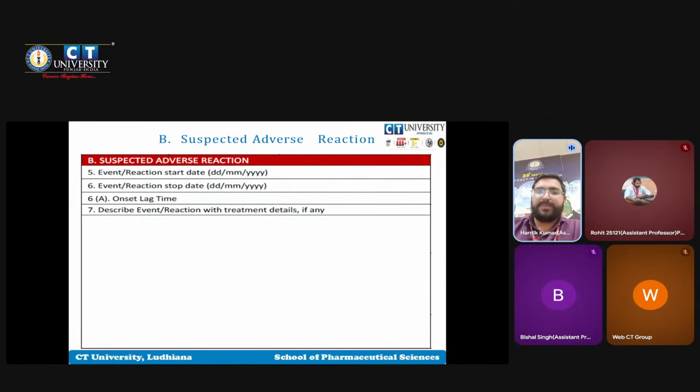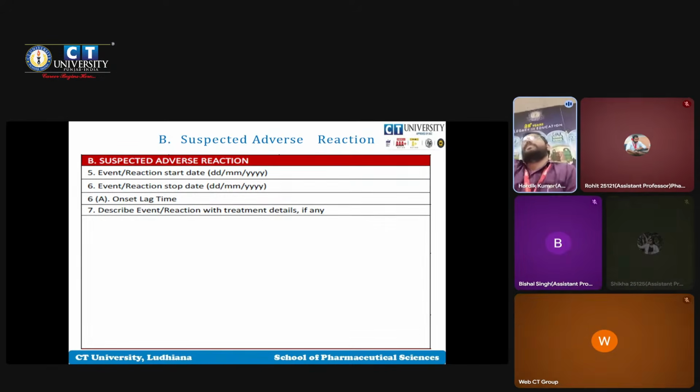Yes, in section B, there are suspected adverse drug reactions like the event reaction date, whenever the reaction starts, for example, diabetes producing neurodegeneration or a foot pain, and how much time after it starts.